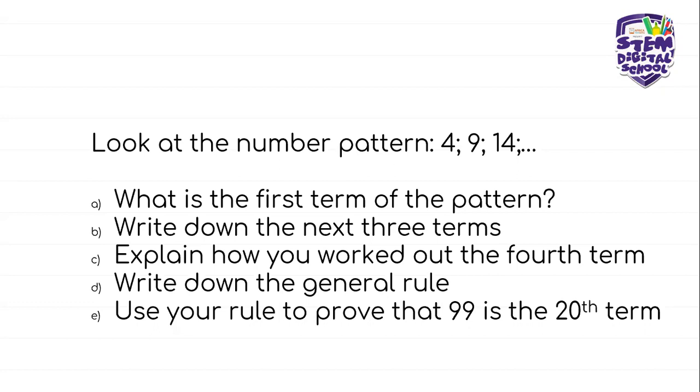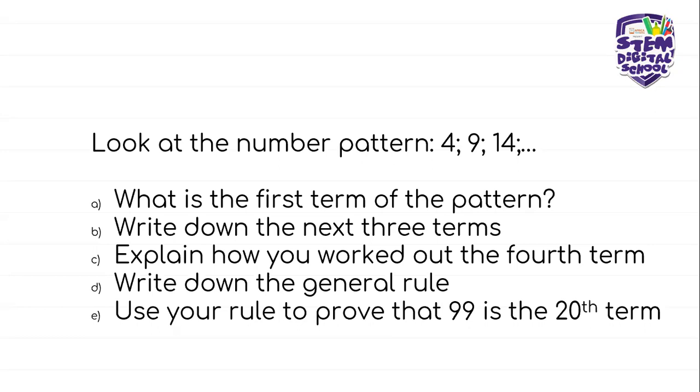But remember that the first term is 4. So when you represent this in the form of a table, you need to demonstrate position 1, position 2, 3, 4, etc. In position 1, if the input value is 1, the output value is 4.